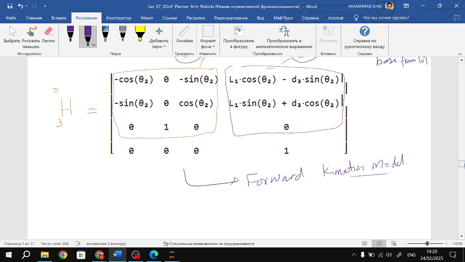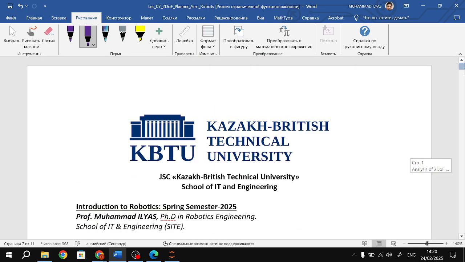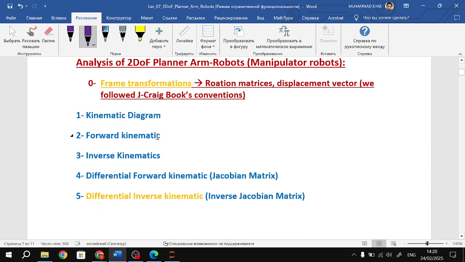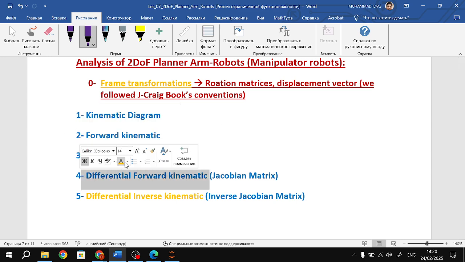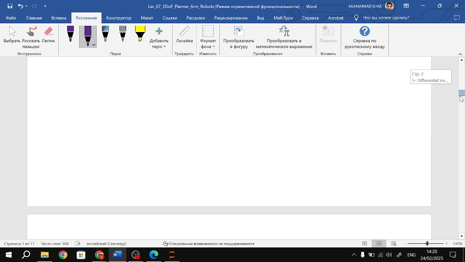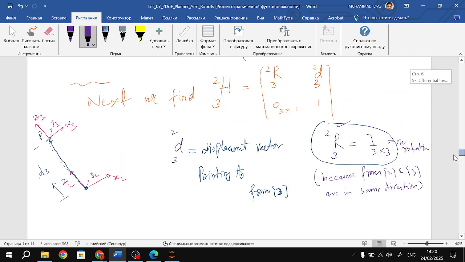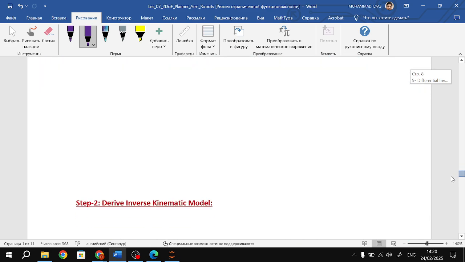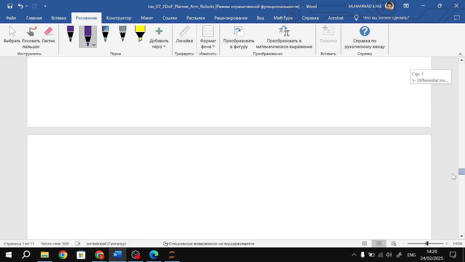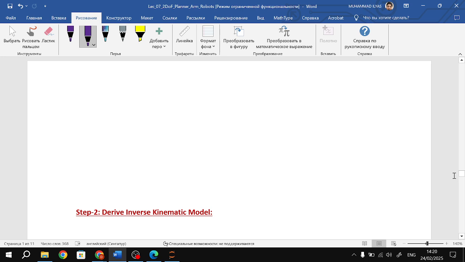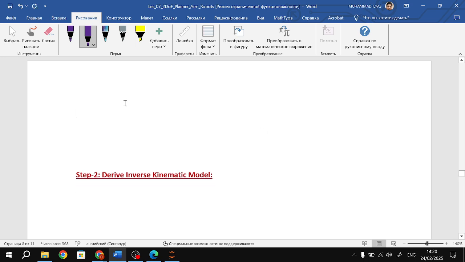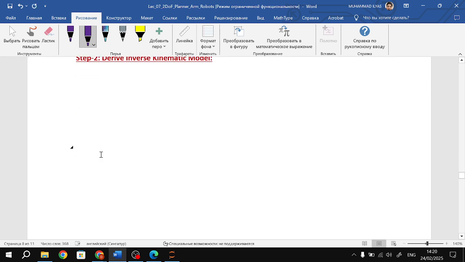So what is our next step? Our agenda today, I think we cannot complete it because time is very short. So we have done this one, inverse kinematic. Okay, let me go to differential kinematic first. This example is very important so that you can understand all the steps.